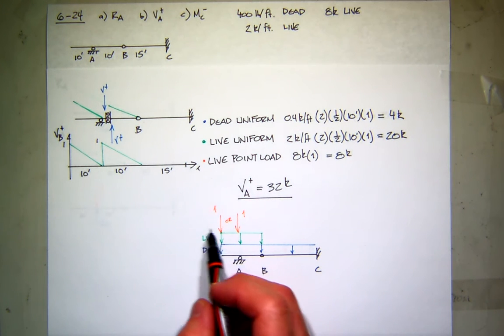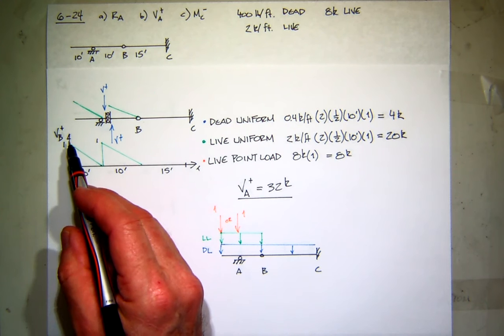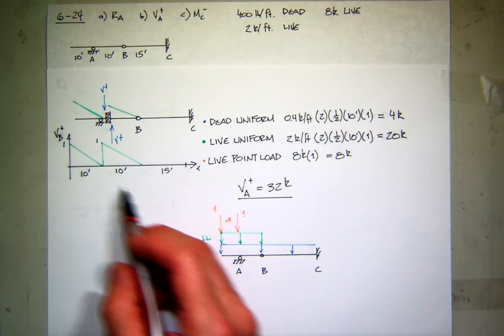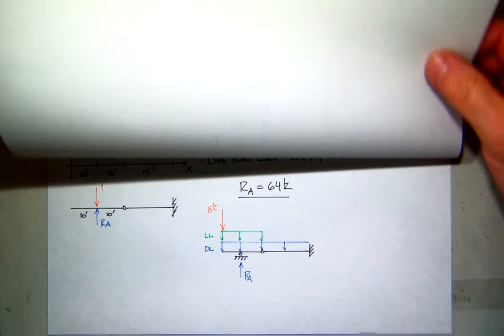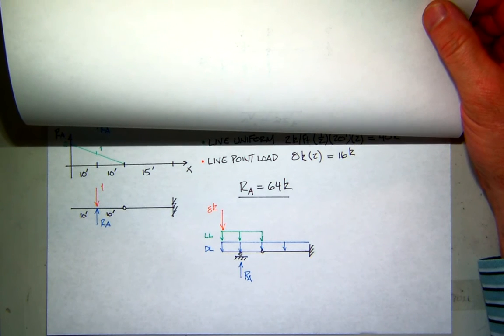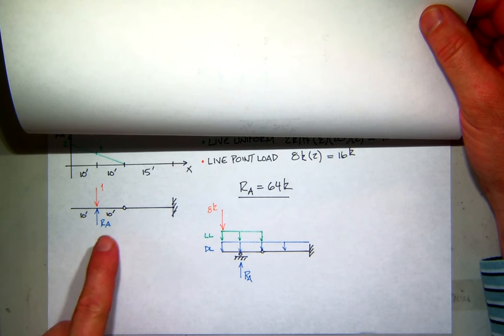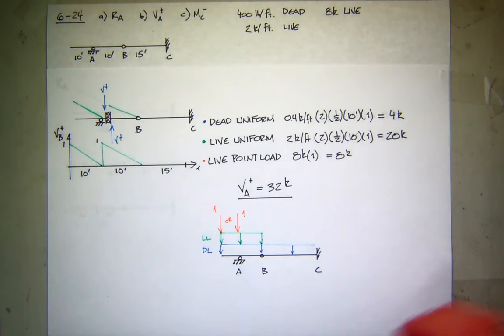This position would be here, and the second position would be just over the support, actually just to the right. If you look at what we did previously, interestingly, I think those are very close to the same. But remember, the reaction at A and the shear at A, just to the right, are pretty closely related.